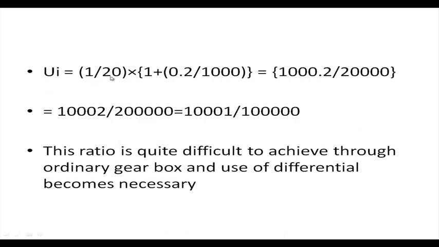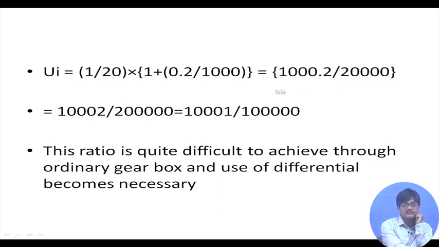UI equal to 1 by 20, that means K by Z. K is single start worm and the number of teeth to be cut is 20. This is 20. 1 plus S by L. So, 1000 comes in the denominator, so that we have 1000.2 in the numerator and 1000 at the denominator. This 1000 gets multiplied by 20, 20,000.